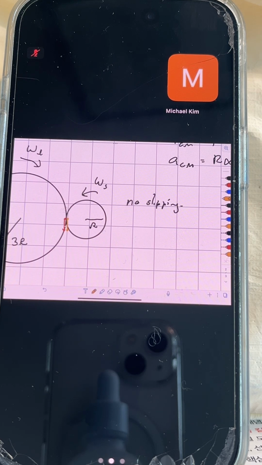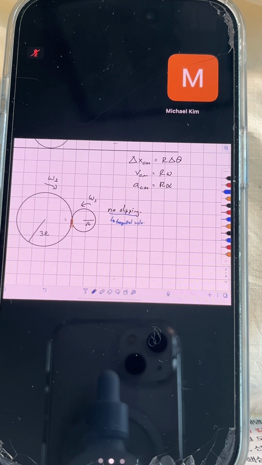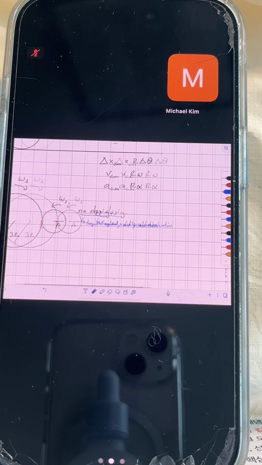Because if they weren't the same, that would imply that there's some degree of slipping going on between the two. And so because there's no slipping, the tangential velocity and acceleration must be the same.